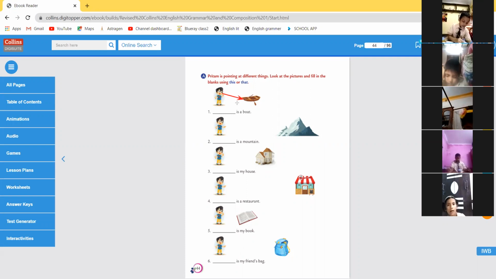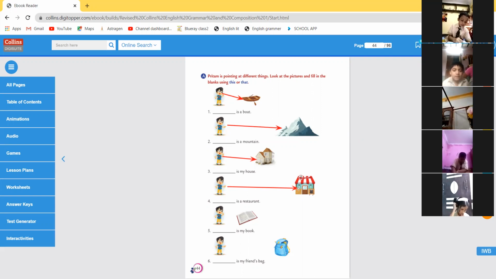This is a boat. That is a mountain. This is my house. That is a restaurant.